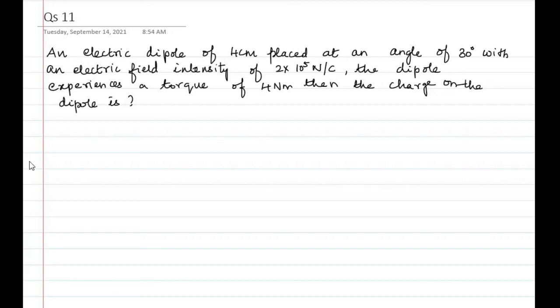So the given torque value is 4 Newton meter, the electric field intensity is 2 into 10 to the power of 5 Newton per coulomb, theta, the angle between the dipole and the electric field, is 30 degrees, and the distance is 4 centimeter.